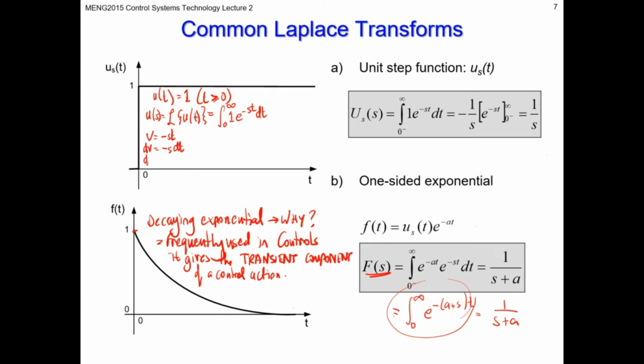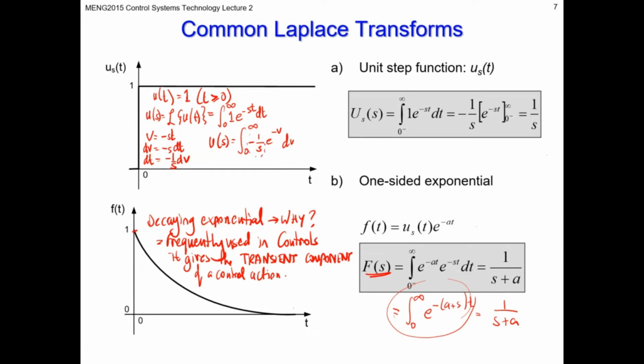So we could say dt equals minus 1 upon s dv. Right, so now if we substitute this back in here, then we can say U of s equals the integral between 0 and infinity of minus 1 upon s e to the minus v dv.